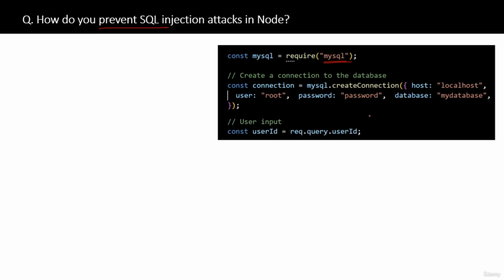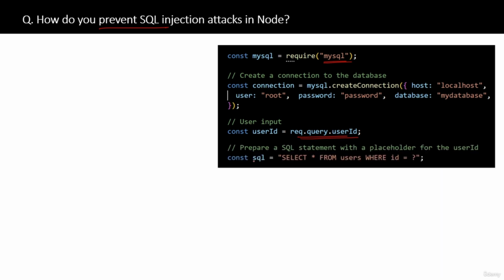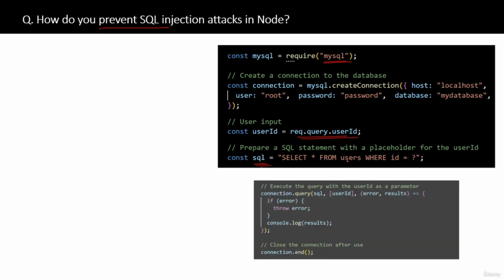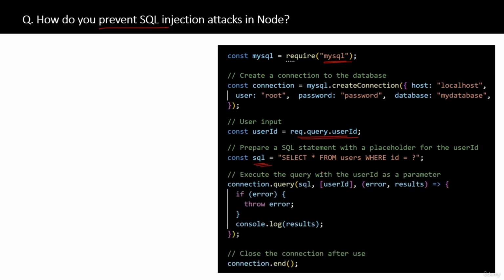Now, as I said, never execute this input directly on the database, because then it will be a dynamic query, and never use dynamic queries. Okay, first prepare the SQL statement like this, and then execute the query with the user ID as a parameter.